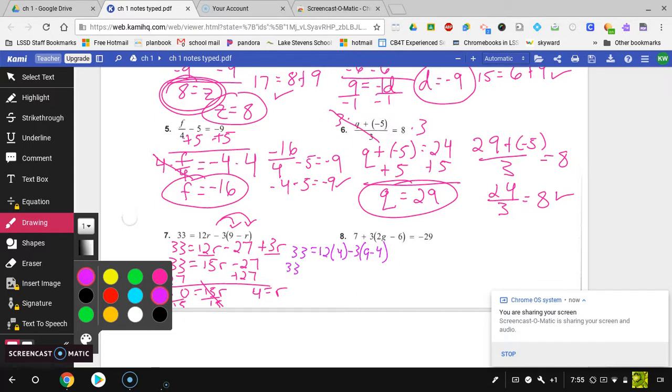So I get 33 is equal to 12 times 4 is 48. And then I use my distributive property, or I can simplify what's there. So I can write a negative 3 times, and then 9 minus 4 is 5. So I get 33 is equal to 48 minus 15, and 48 minus 15 is in fact 33. So I am left with that checking out for my answer.